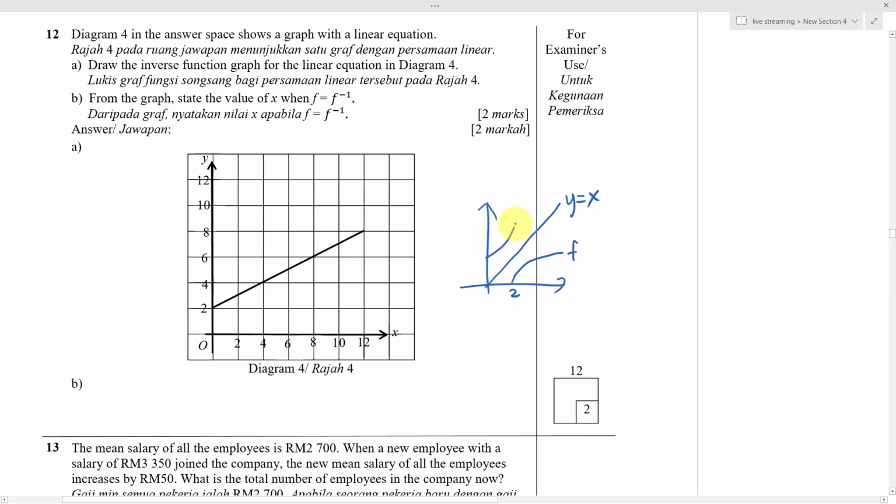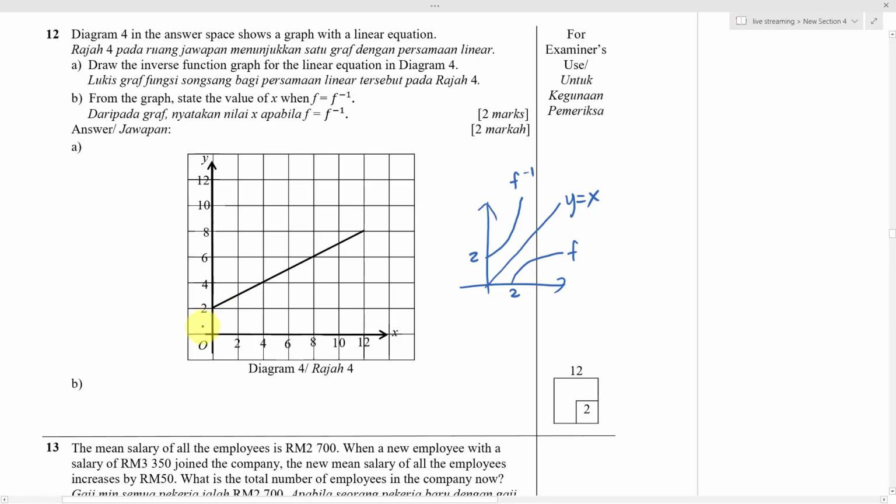The reflection will be something like this. So this one will be f inverse, and it touches 2 on the y-axis here. You learn about transformation, so you should have the idea what reflection is. They will always reflect on the line y equals x.